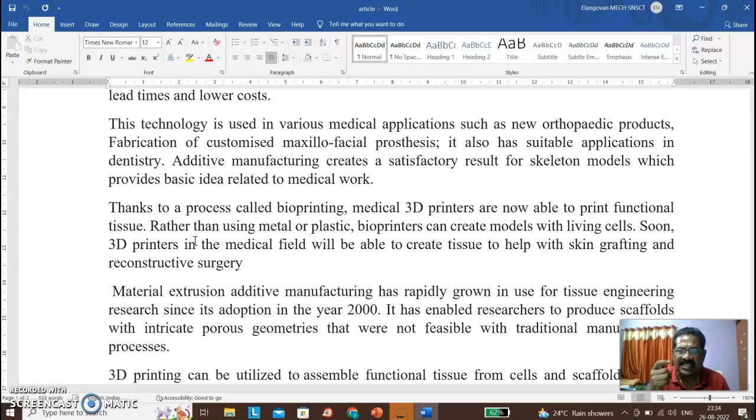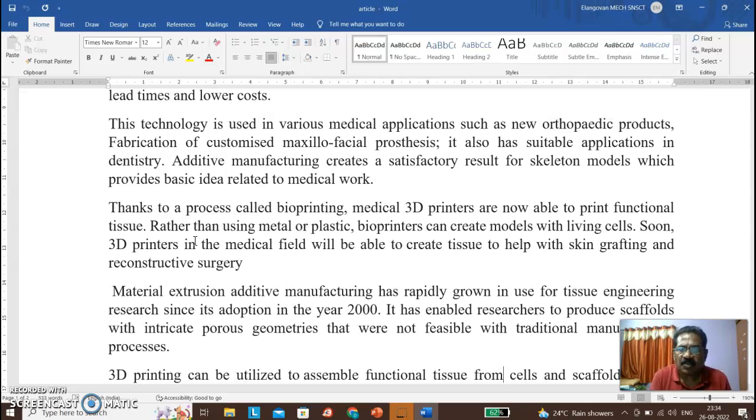If there's an accident, we can make a similar shape. We can scan the other side and mirror it, and then make the prosthesis, and also in dentistry. Additive manufacturing creates a satisfactory result for skeleton models, which provides a basic idea related to the medical work.